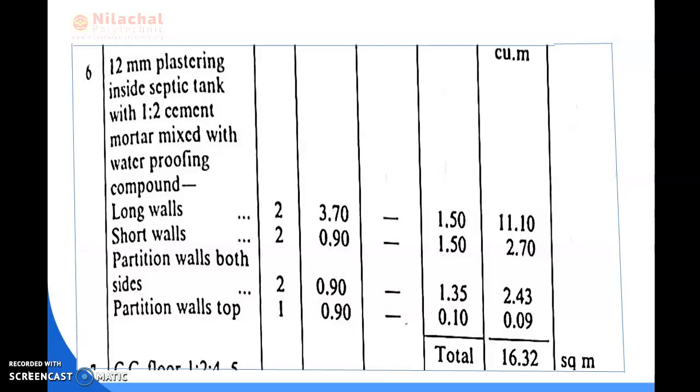In case of the long wall, 2 numbers are provided. We need to check the length and the height of the long wall.